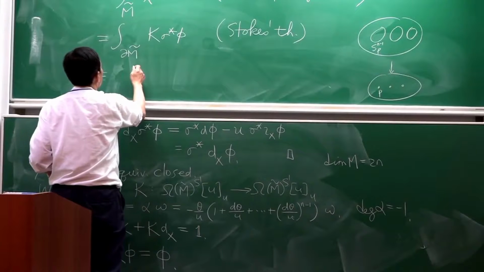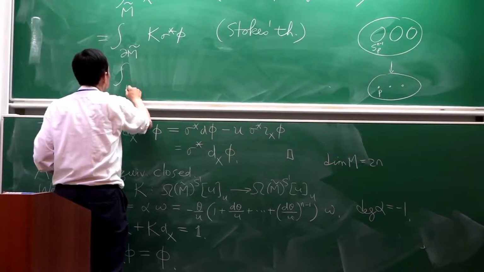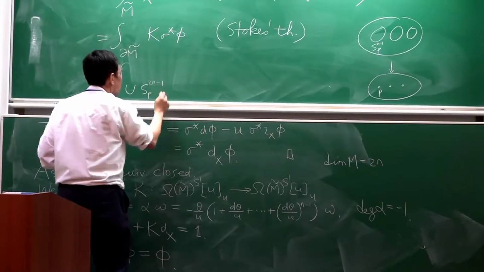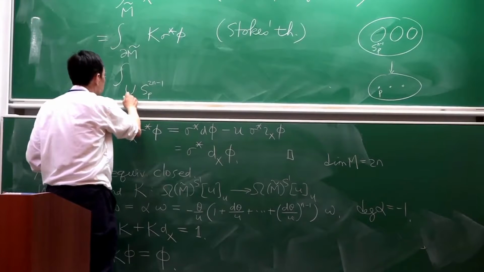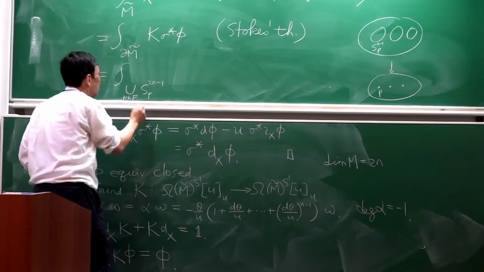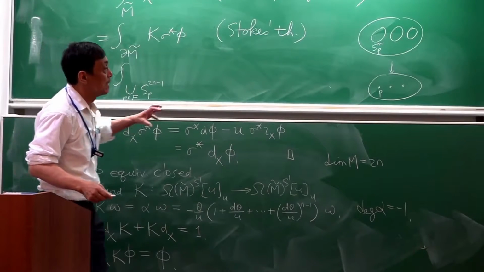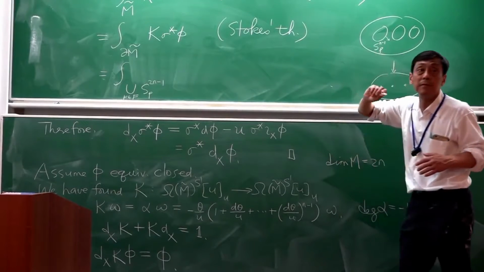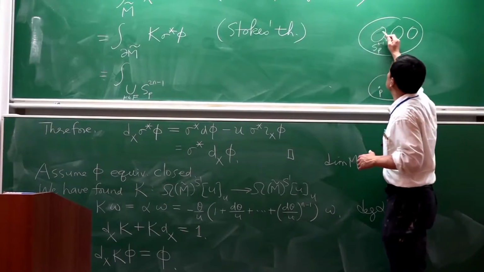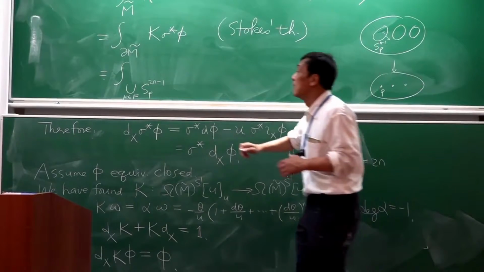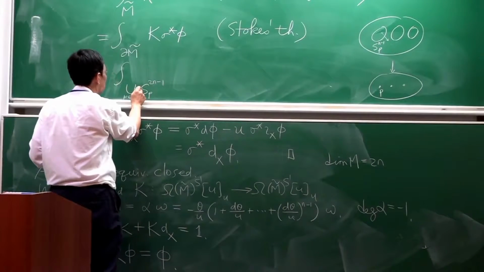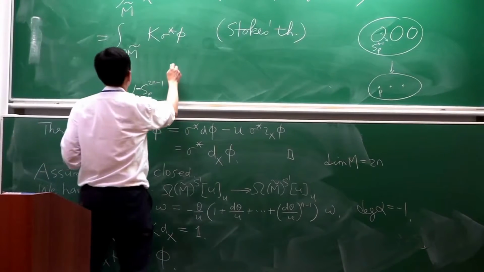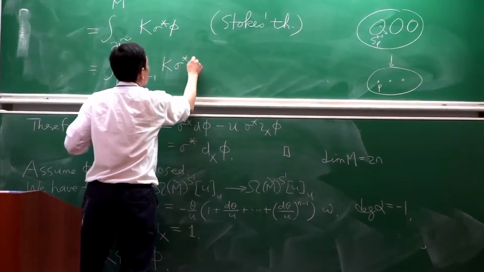So it's the integral over the union of the spheres, where P is the fixed point. And a sphere has an orientation like this, which is opposite the orientation of the boundary. So you need to put a minus sign here.